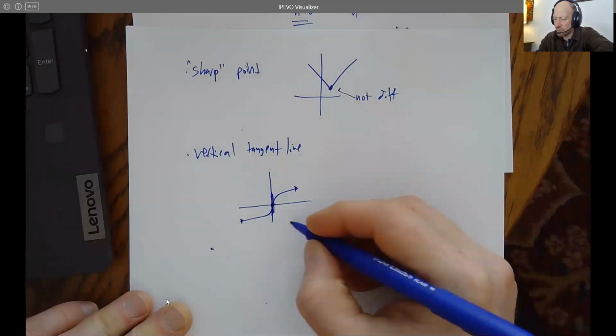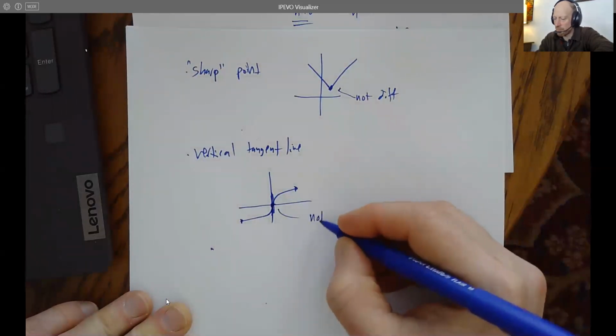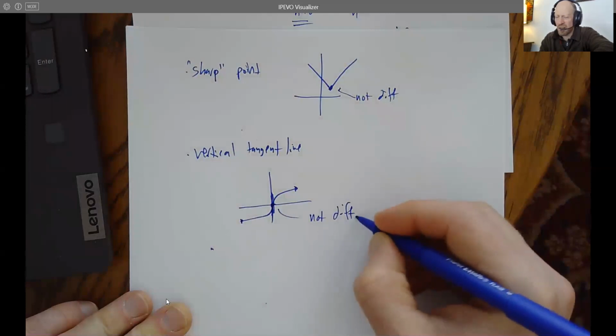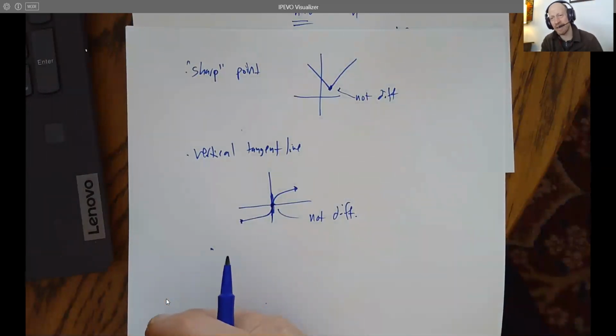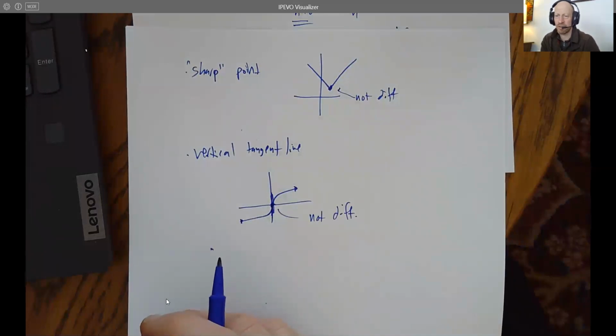So that also is going to be not differentiable there. Because what's the slope of a vertical line? It's not defined. So the derivative is not going to be defined if the function has a vertical tangent line. This still is a function, but right at that point, it has a vertical tangent line, so it's not differentiable. So you want to watch out.